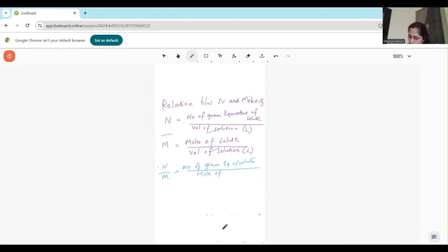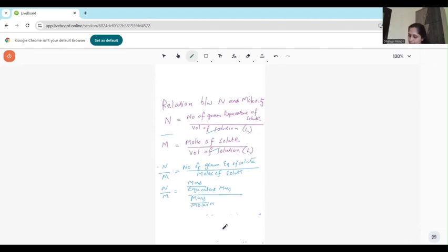Now, again, number of gram equivalent is what? Mass over equivalent mass, just as you find the number of moles. Equivalent mass divided by, how to find out the number of moles? Mass over molar mass. Right? So here, does something cancel?